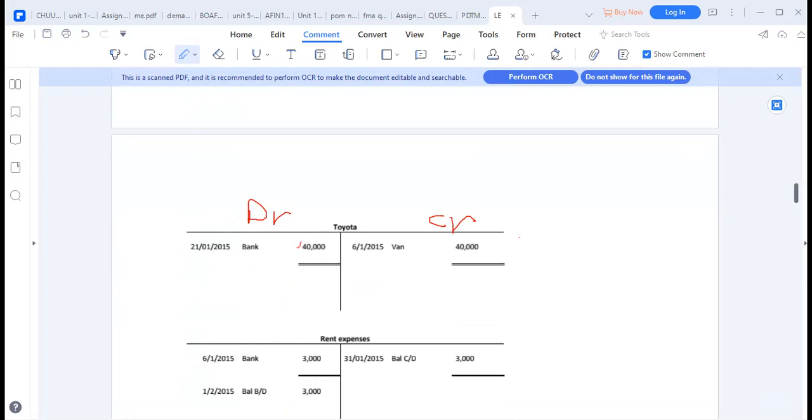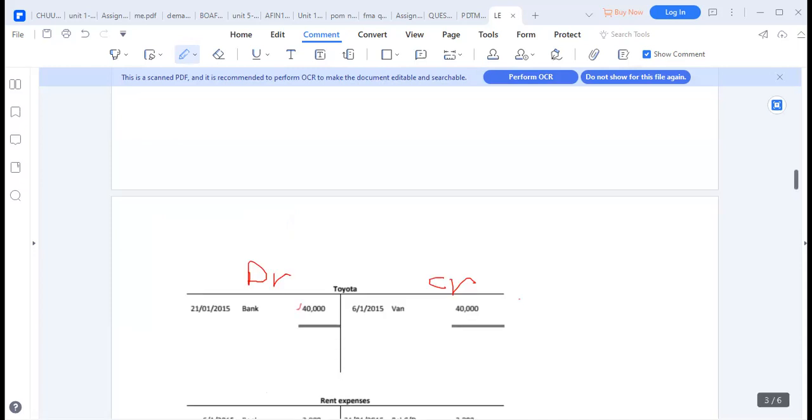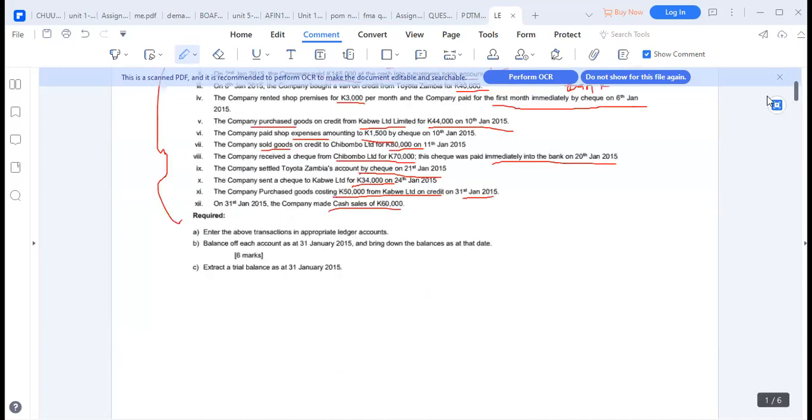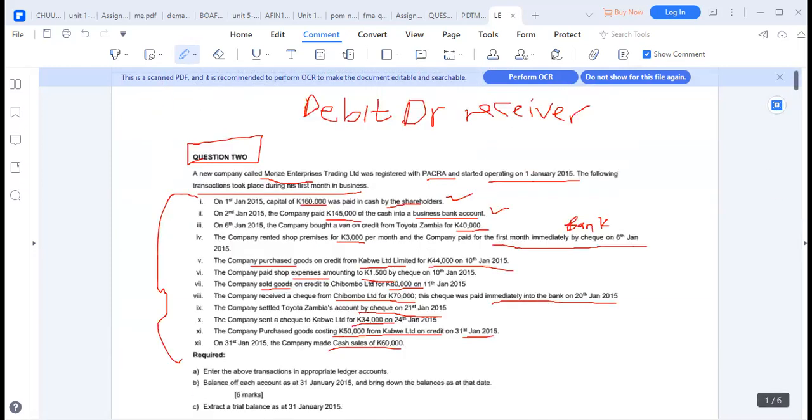Then we have the other information here. This one has been completed on the Toyota Zambia. The company rented shop premises for 3,000 per month, and they paid by check.